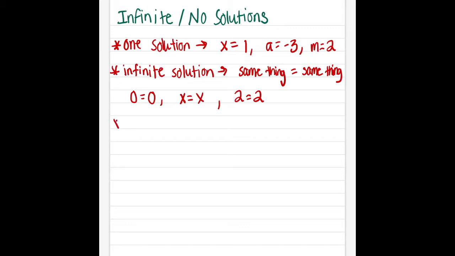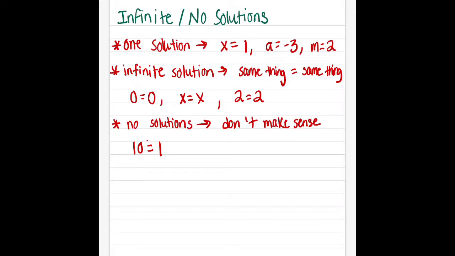And then we have no solutions. No solutions are when our answers don't make sense. So this is when we have a number that equals a number that's not true. For example, 10 equals 1.